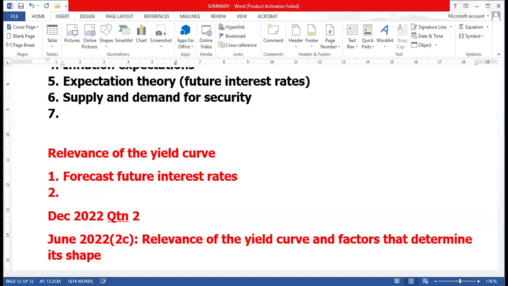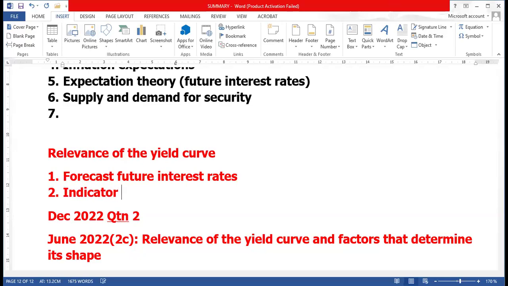For example, if investors believe that central banks will increase the policy rates due to inflationary pressures, then the long-term yields will rise relative to short-term yields. This yield curve tool is a forward-looking indicator, and it enables investors, firms, institutions, and policymakers to anticipate these things.